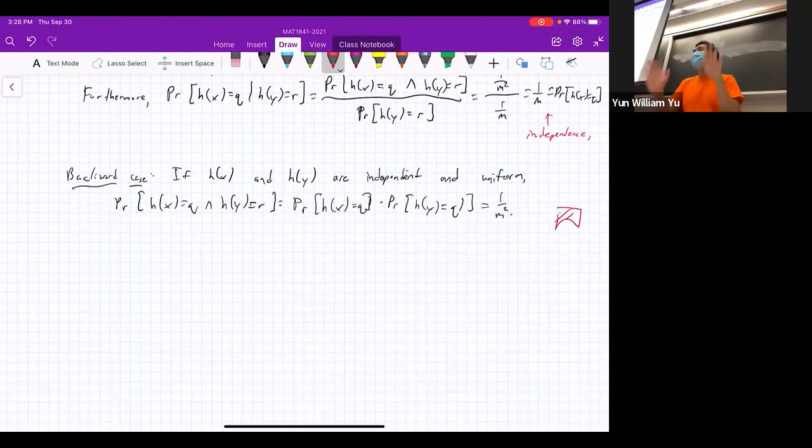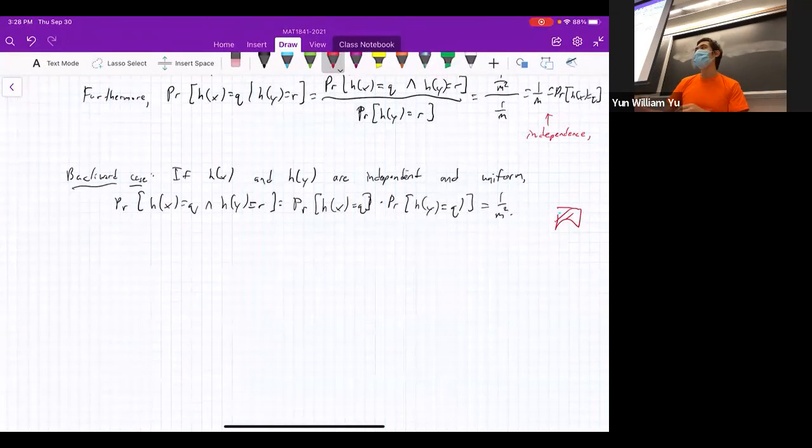If you pick 3 of them, that's no longer necessarily the case. But if you pick any two items and hash them, they will hash independently and uniformly at random into your range. And so the focus is on the independence of events rather than on these collision probabilities. So now we're explicitly saying something about the distributions of the values that the hash function maps to.